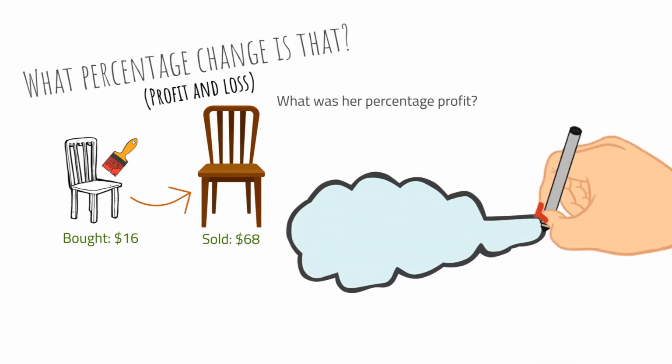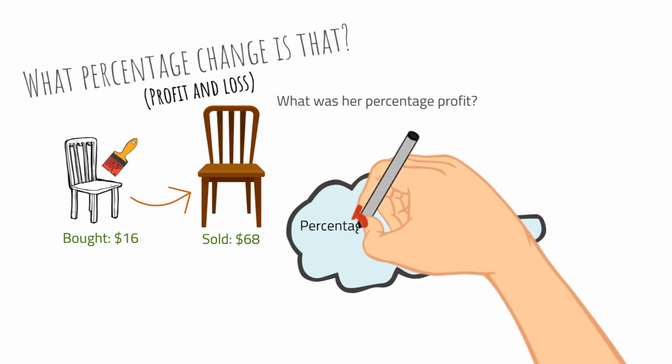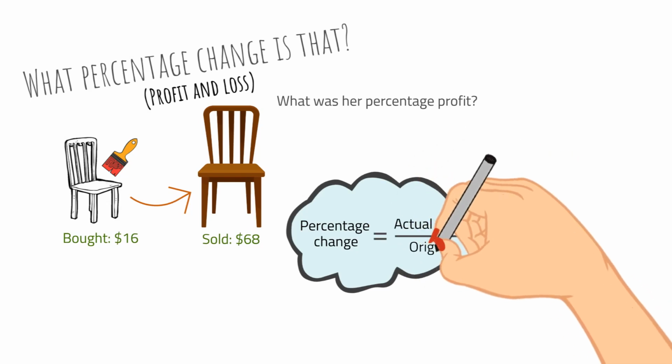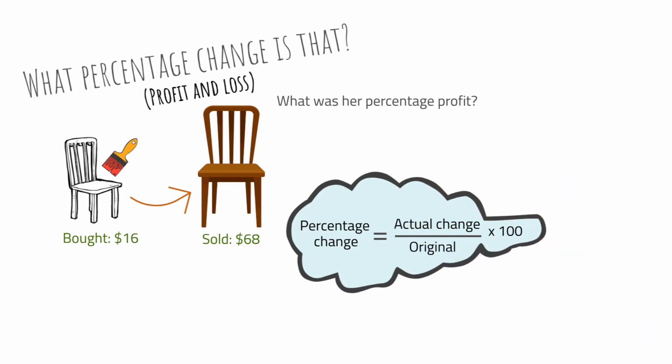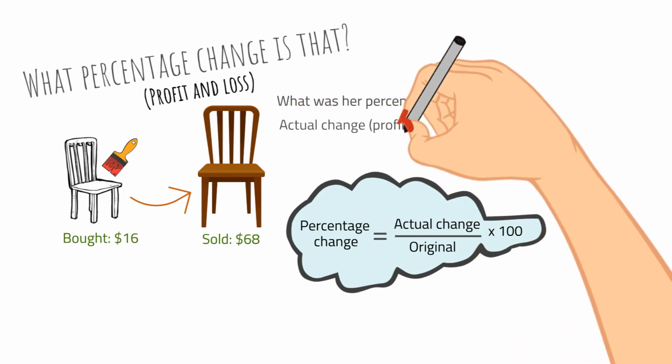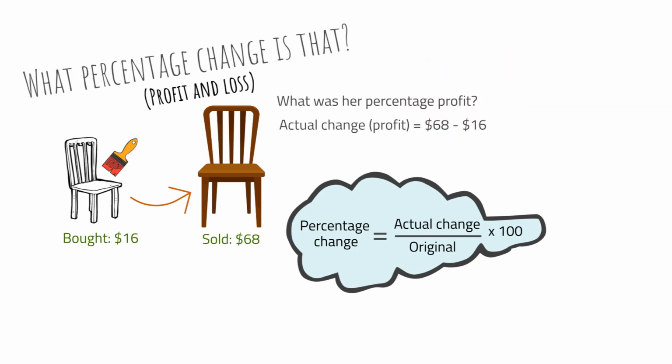Now, percentage profit is really just calculating the percentage change, and there's a really nice formula for this. To find percentage change, we take the actual change, divide it by the original, and then times by 100. Her actual change, in other words, the profit, is going to be 68 minus 16. So what she sold it for minus what she bought it for.